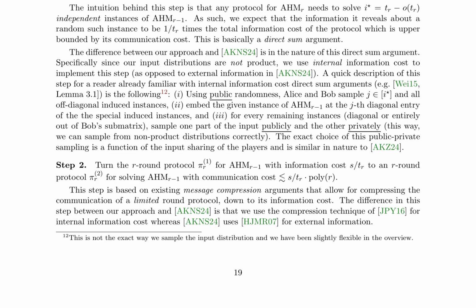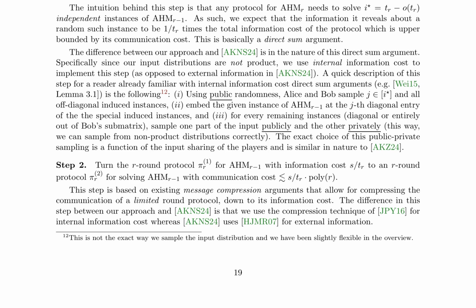Step 2 transforms the r-round protocol pi_1_r for AHM_r1 with information cost s/t into an r-round protocol pi_2_r for solving AHM_r1 with communication cost (s/t) poly(r). This step is based on existing message compression arguments that allow for compressing the communication of a limited round protocol down to its information cost.